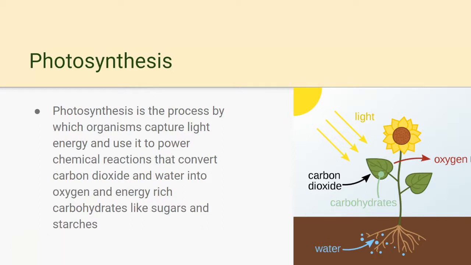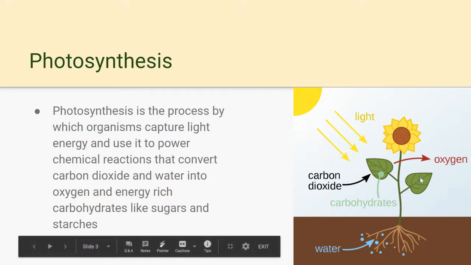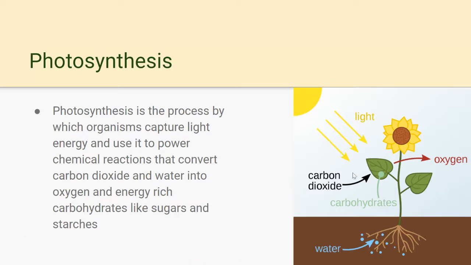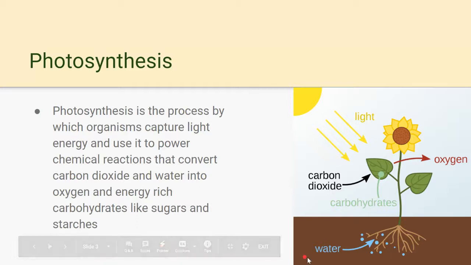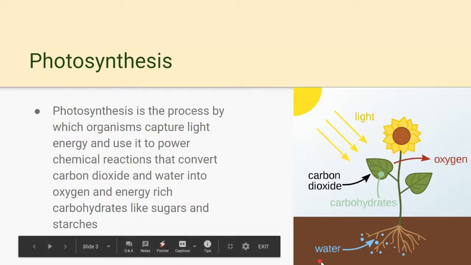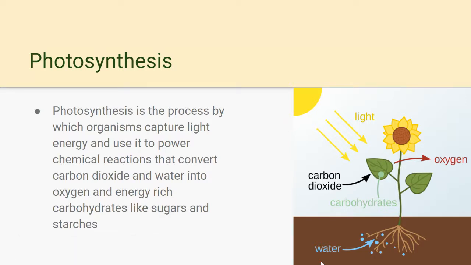We've got oxygen going out as a byproduct, and we've got these carbohydrates stored in here. So we take the water and the carbon dioxide and we use light energy to make carbohydrates, and when we make those, we have an excess of oxygen. So photosynthesis, using light energy, carbon dioxide and water to make carbohydrates.